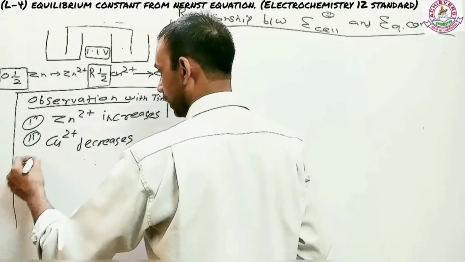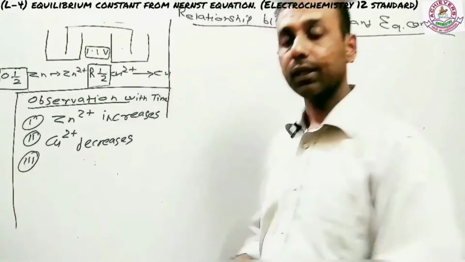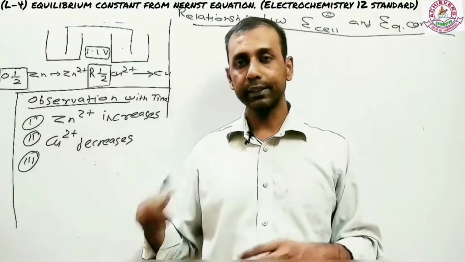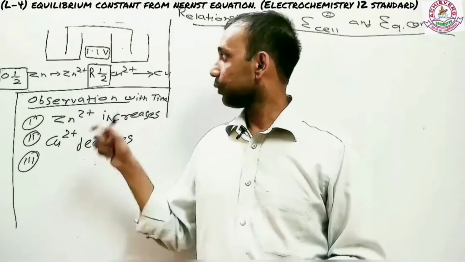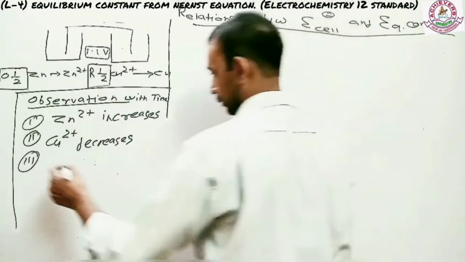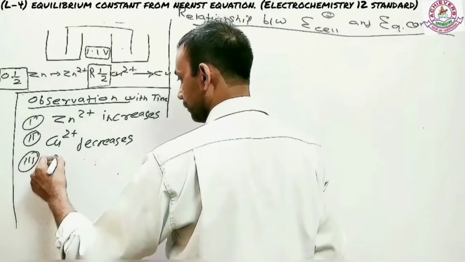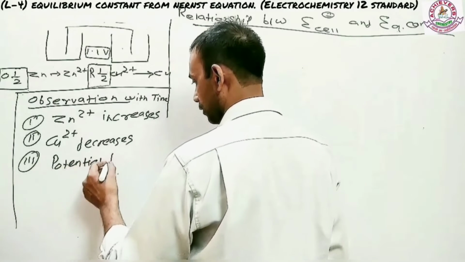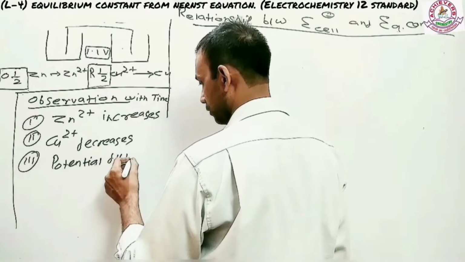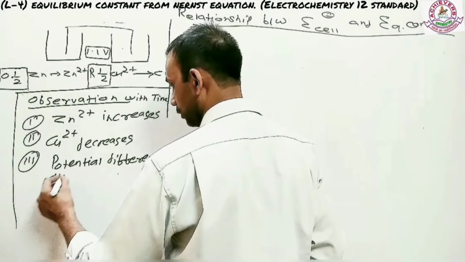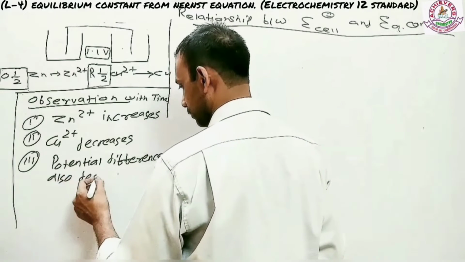And the third, which is very important: as the concentration of zinc ion increases and copper ion decreases, the potential difference of the cell, which is 1.1 volt, also starts decreasing. So the potential difference also decreases.